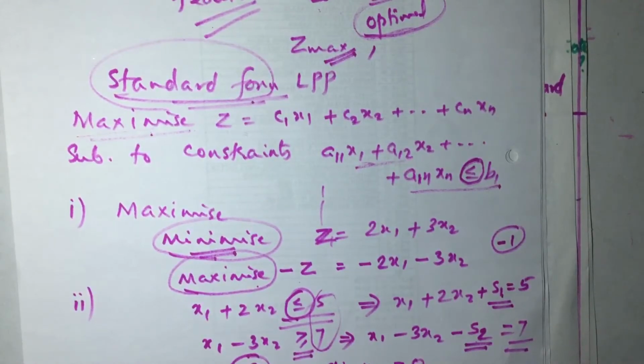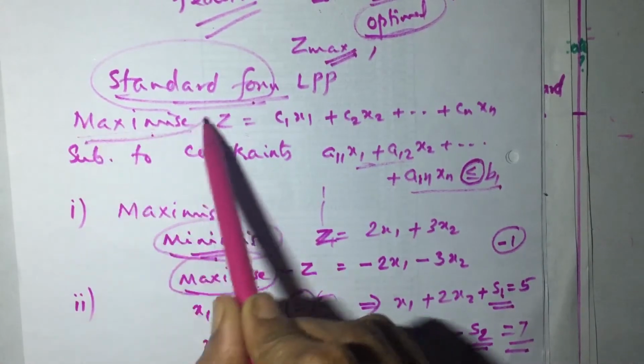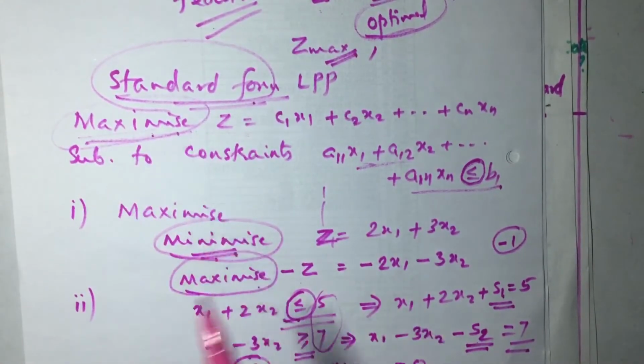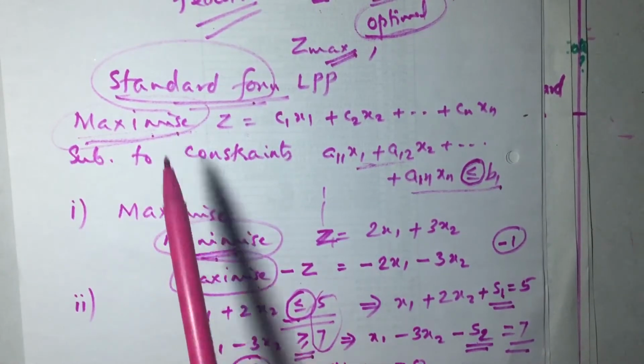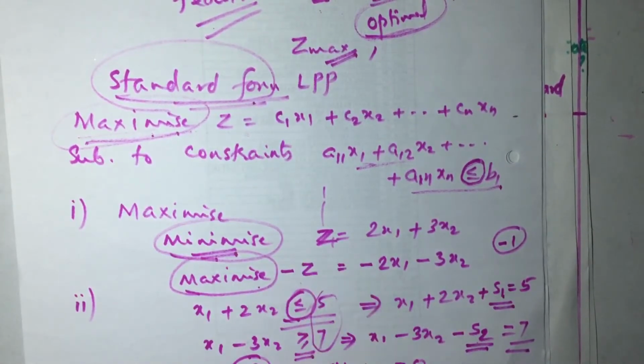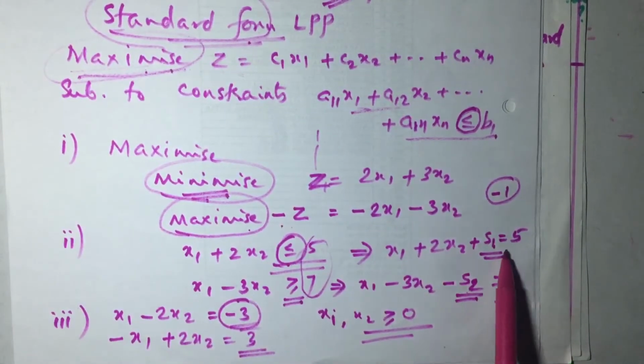Summing up again, that is the standard form of an LPP. The objective function should be of maximization type. If it is of minimization type, it should be multiplied with minus 1 and converted into maximization form. Second, all the constraints should be in the form of equations.